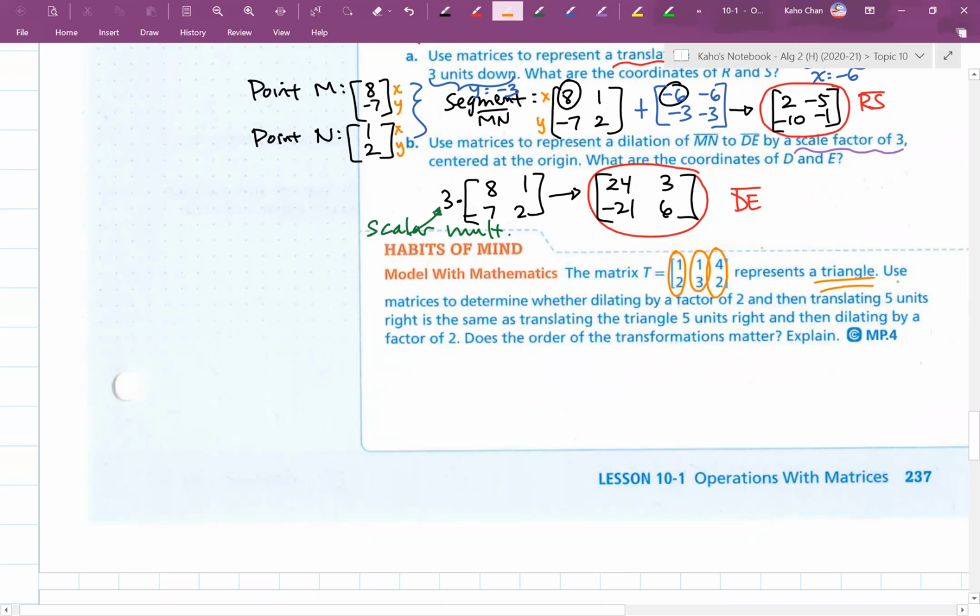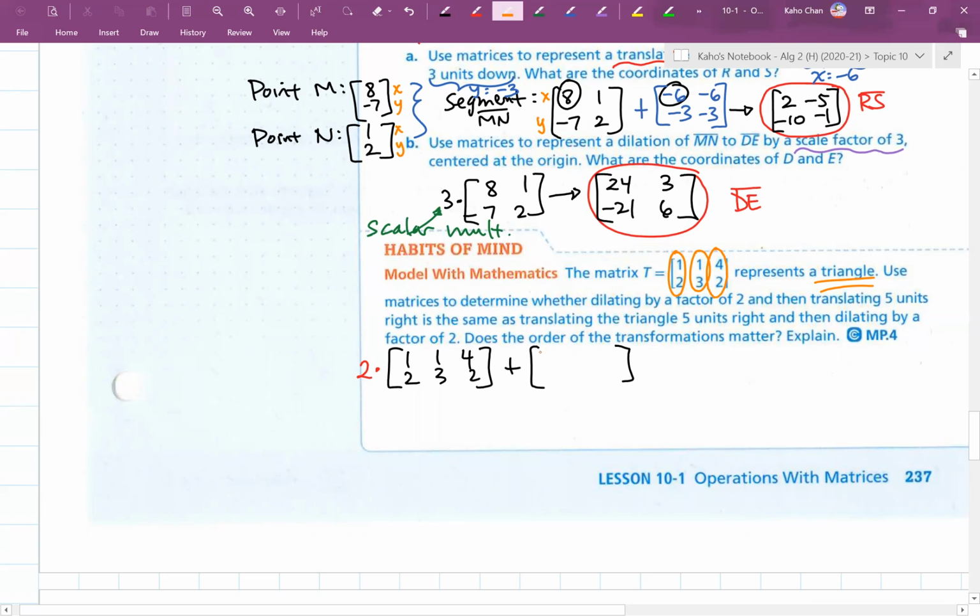Let's just see what happens if I multiply and then translate. Is that going to be the same as translating and then multiplying? Let's do it. So we'll do it in the first directive multiplied by 2. And then we're going to go ahead and add the 5 units right. Right are just the x values.